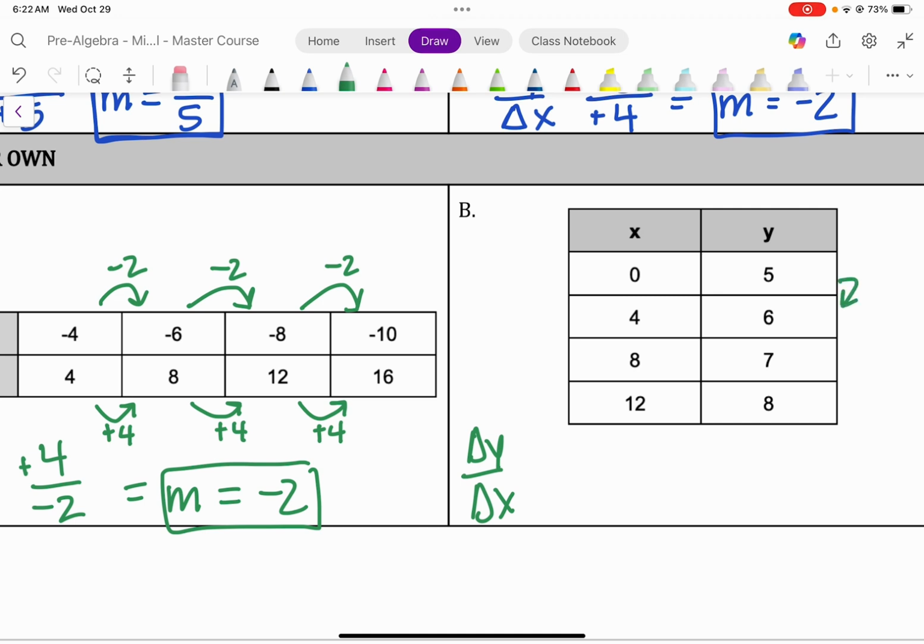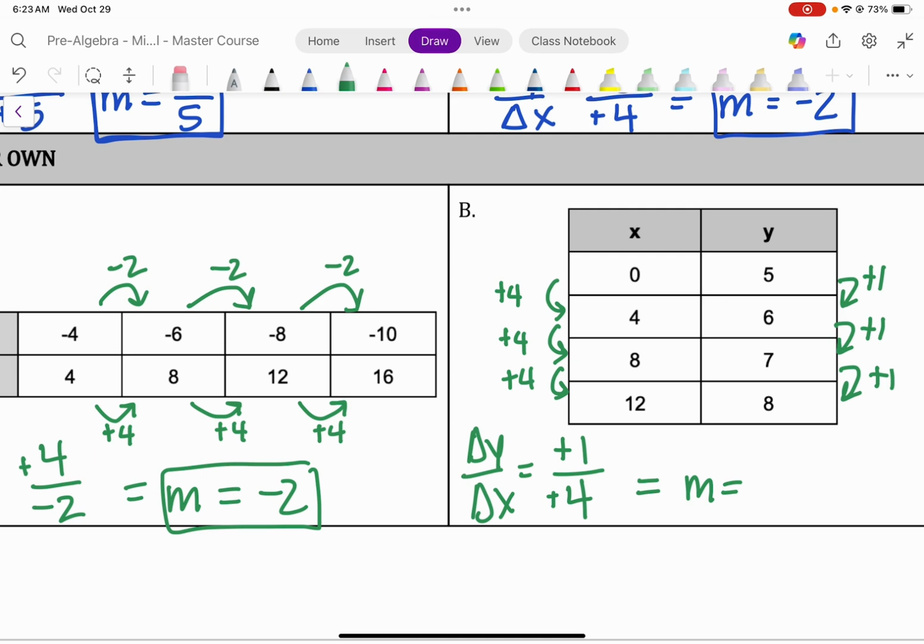To go from 5 to 6, we add 1. 6 to 7, add 1. 7 to 8, add 1. So those increased by 1, and my x values, to go from 0 to 4, we're adding 4, adding 4, adding 4. So positive 1 over positive 4 gives me a slope of 1/4.